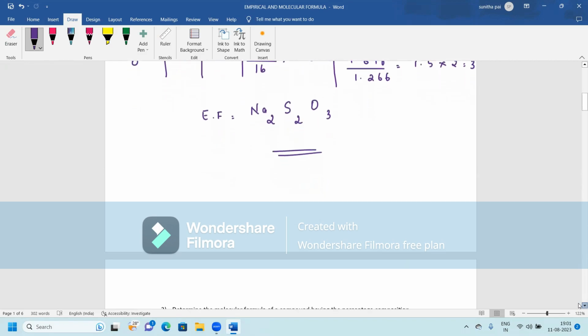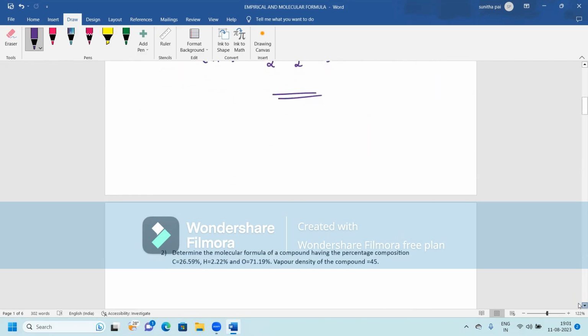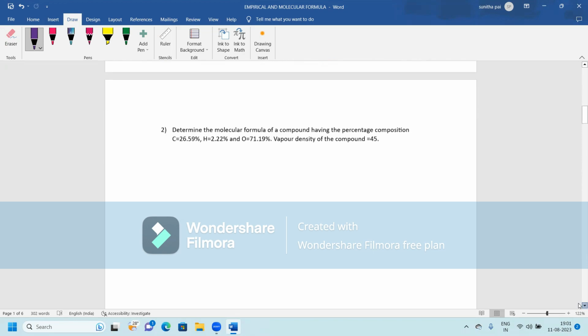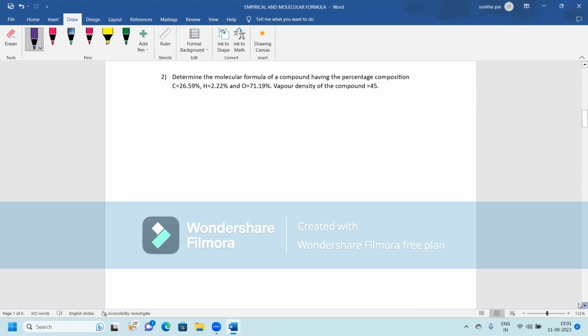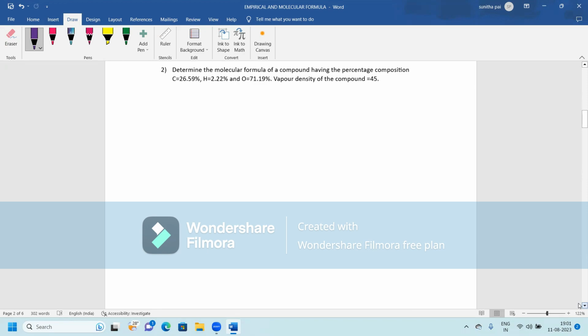Let's solve the next one. Determine the molecular formula of a compound having the following percentage composition. So, first column, which is for element, I'll just write E here.